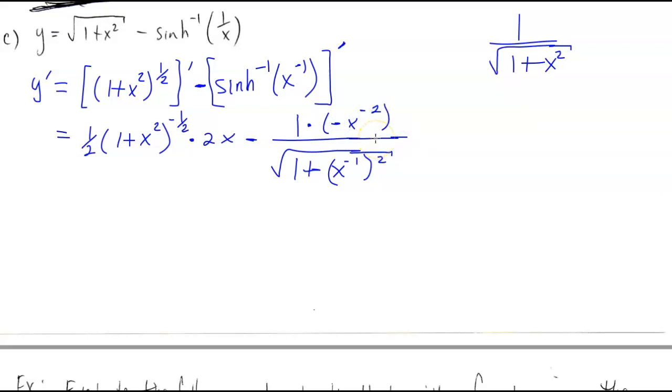And so now it's just a matter of us cleaning all this up and making it look nice so that we can simplify it into something that will be useful and not so cumbersome. So we see here that we have some reducing that we can do here.